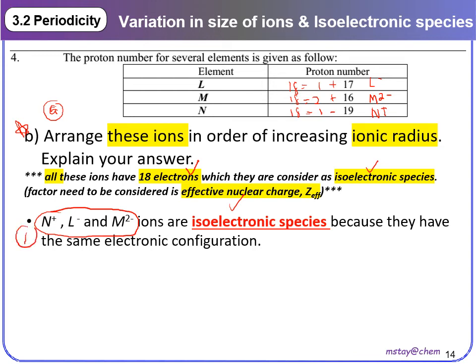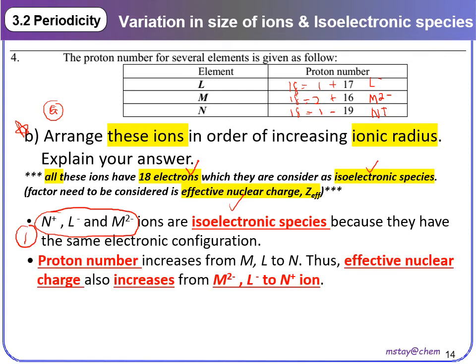That is 1 mark. Then we discuss the factor: when the proton number increases, the effective nuclear charge also increases. Again, we focus on M, L, N and the ions, so we put the elements in this question into our explanation.